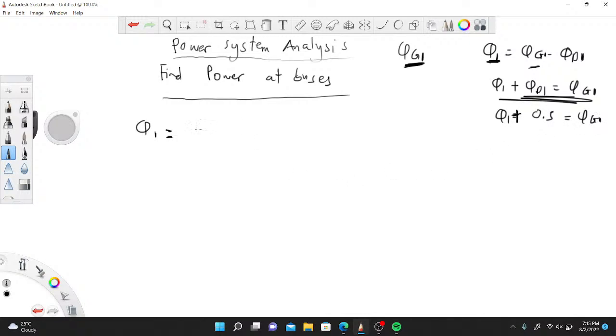Remember that for Q1, we use the polar form of the power expression.